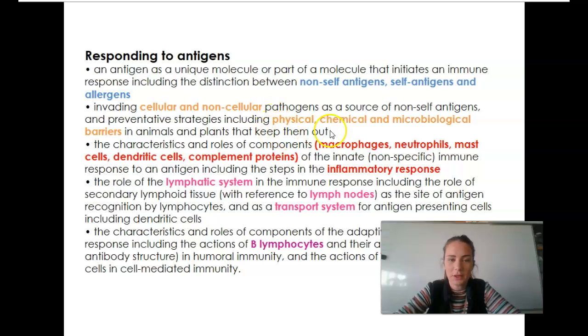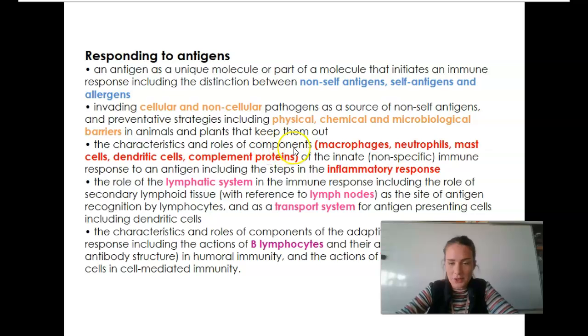So from here on, we want to know about what physical, chemical, and microbiological barriers are in animals and plants, and characteristics and roles of components of the innate immune system in response to antigen, including steps of the inflammatory response.